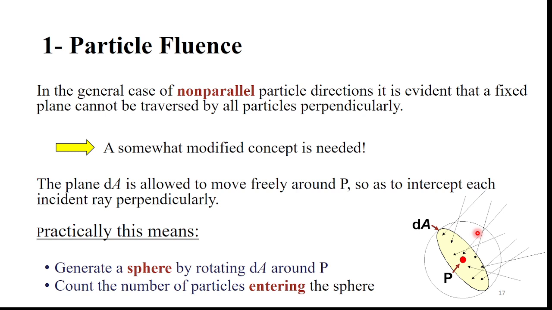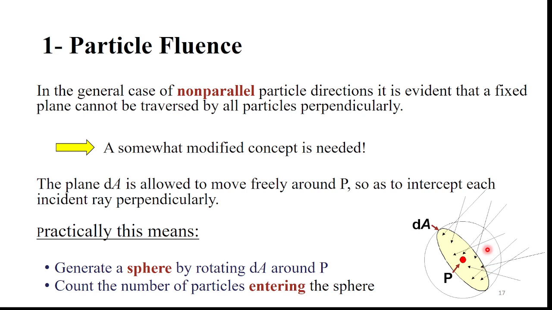So in cases where the particle directions are not parallel, we also choose a fixed plane dA near a point P. However, this plane dA would not accurately capture all the particles. This is because a fixed plane can only intercept particles traveling perpendicular to it. The particles coming from other angles would be missed.